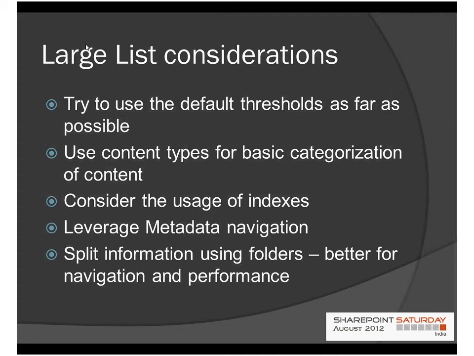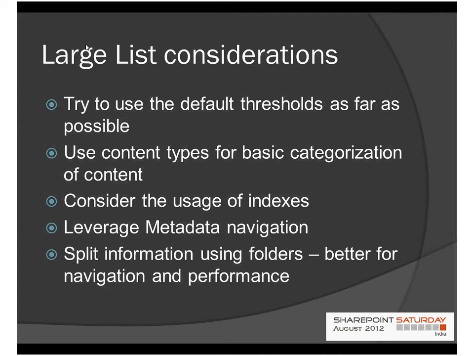Consider usage of indexes. Although they are not as capable of improving performance as database indexes, they are very useful when you're doing reads against certain fields. Leverage metadata navigation.